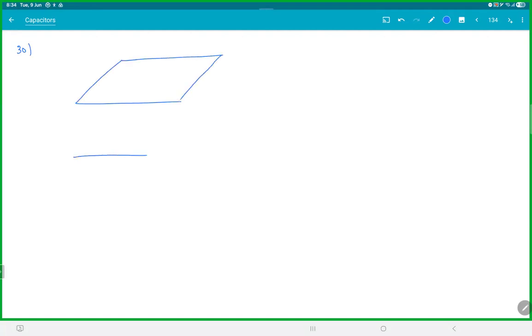So we have two parallel plates. Let's say this lower half is made like this. This is made of a dielectric slab, K, and this is made of another dielectric, 2K. You're getting how it is cut? Ever seen a sandwich?